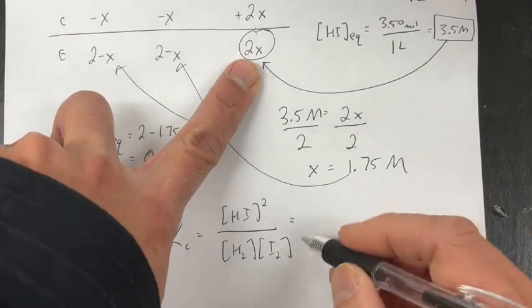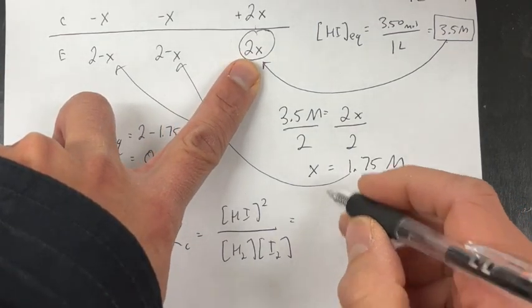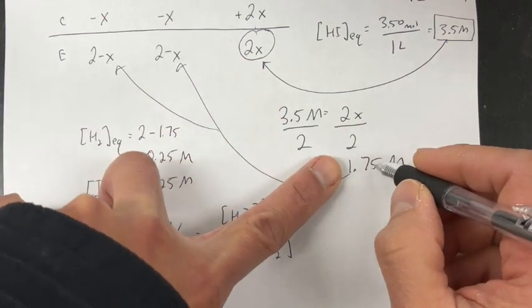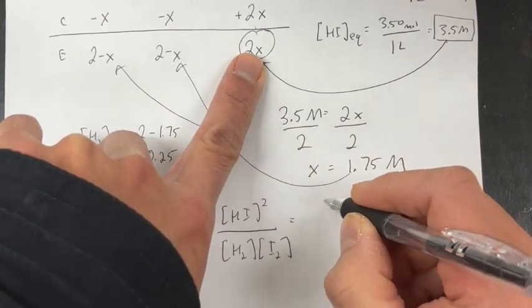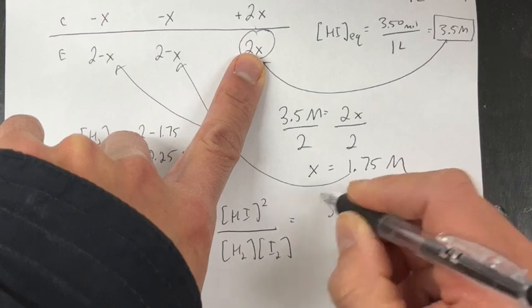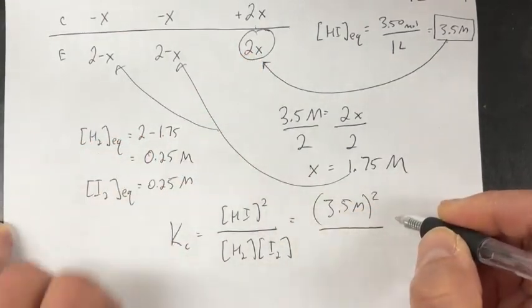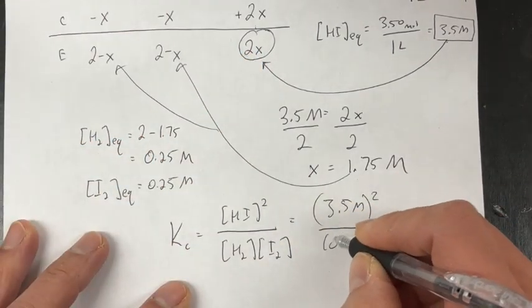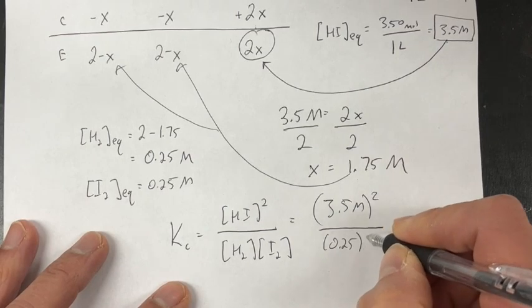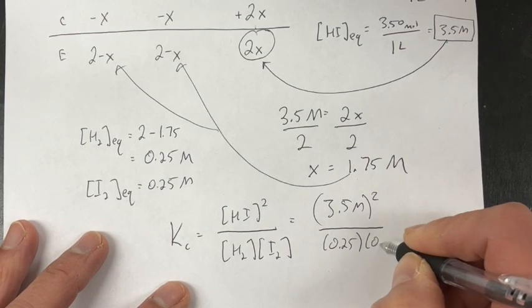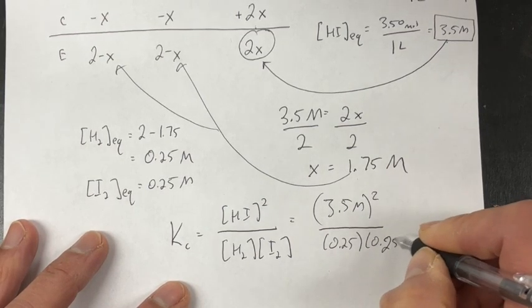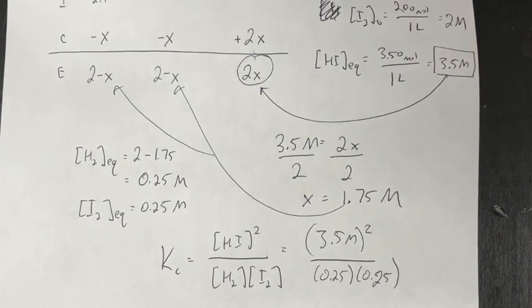So my HI is, careful, don't use the 1.75, we're going to use the 3.5 molar. And then on the bottom we have 0.25, and then 0.25. Got a calculator?